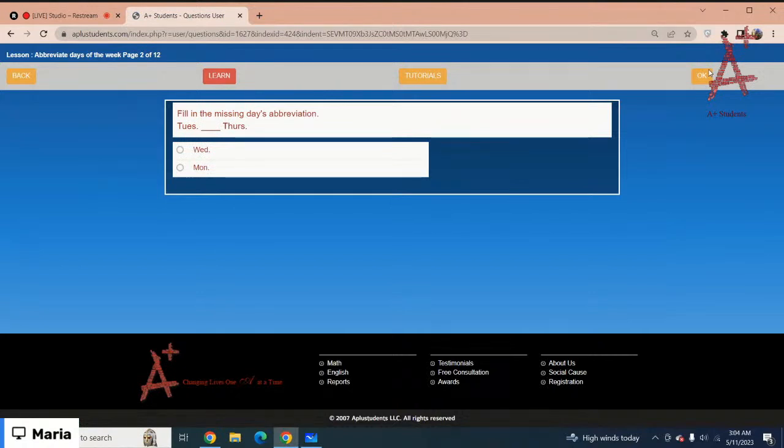Okay, fill in the missing day's abbreviation. Tuesday, blank, and Thursday. Which is the day between Tuesday and Thursday? After Tuesday, it would be Wednesday. WED is the correct option.